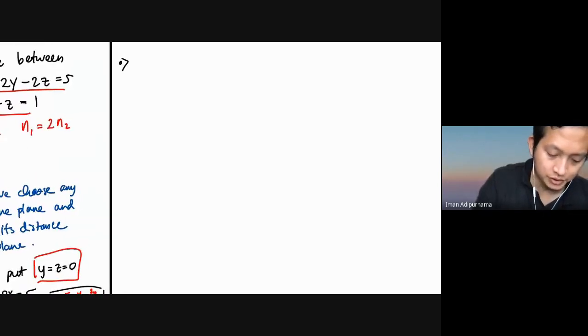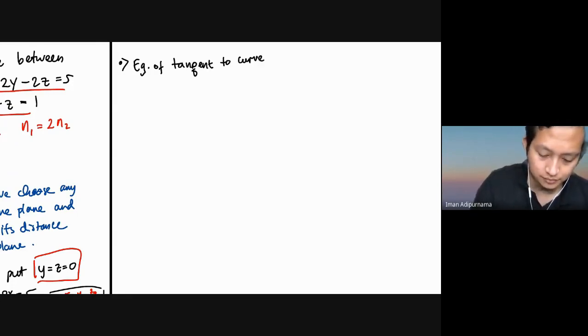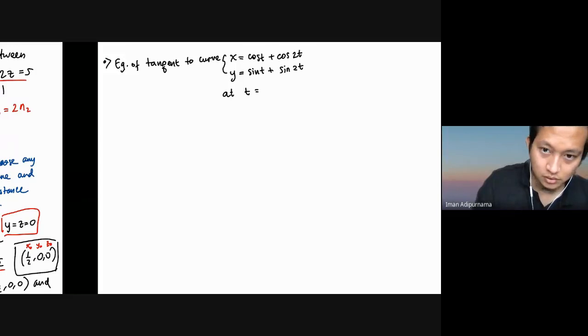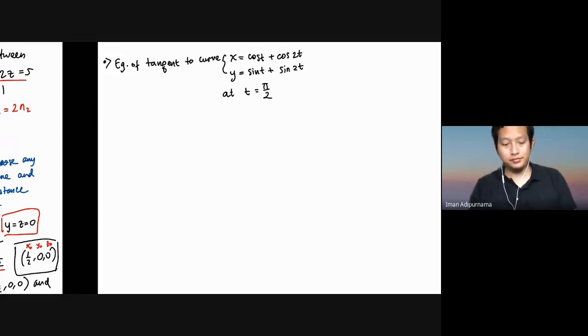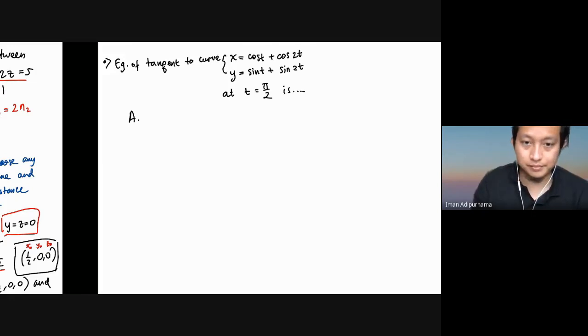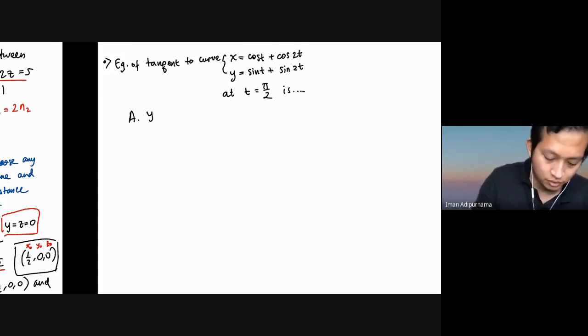You can try to solve them first. The equation of the tangent to the curve at t equals pi/2 is, let me give you the options to make it more interesting.